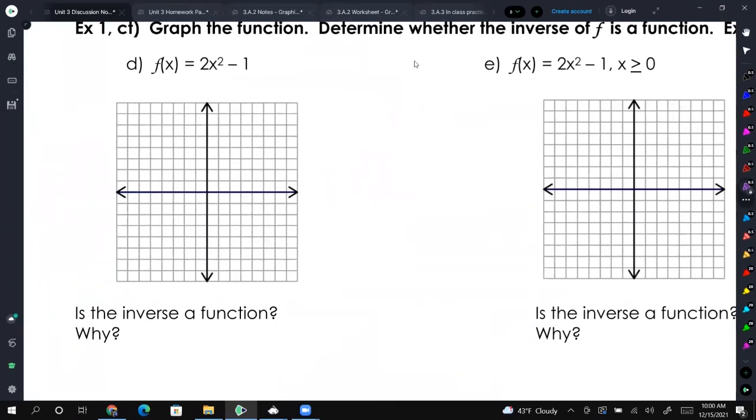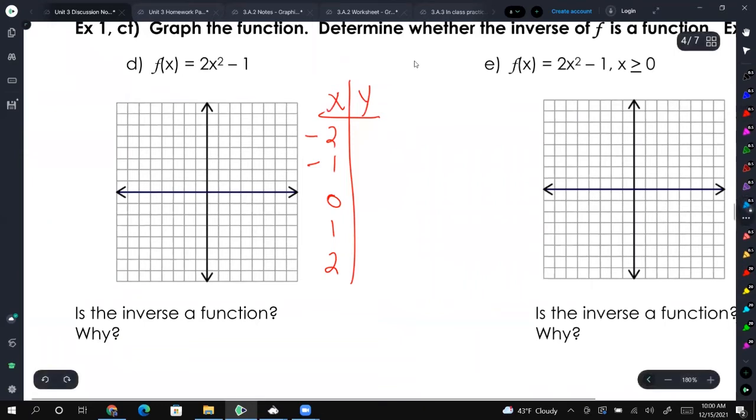So let's look down here and graph this. So we'll pick our favorite x values as always. And then we're going to plug those in. So I have my calculator with me. So 2 times -2 squared minus 1 gives me +7. 2 times -1 squared minus 1 gives me +1.